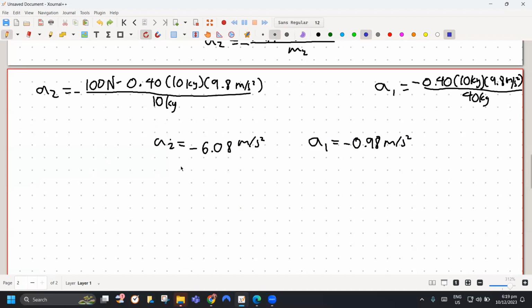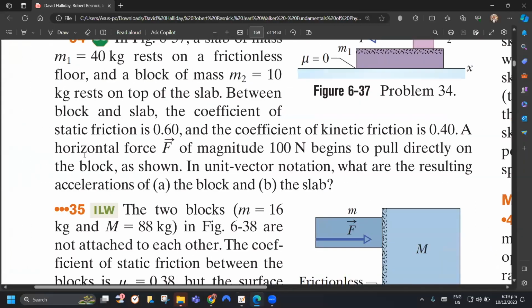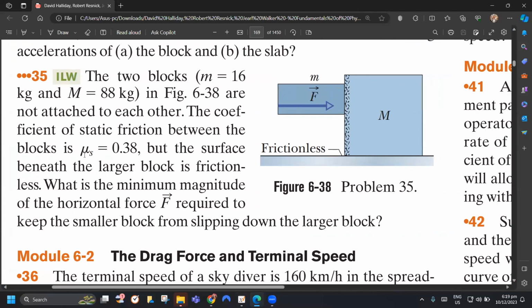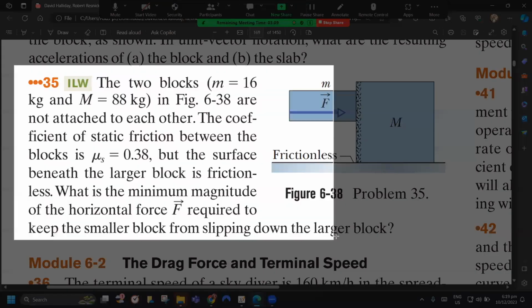Okay, so let's now look at the next problem. At least you've seen this one. Number 35.